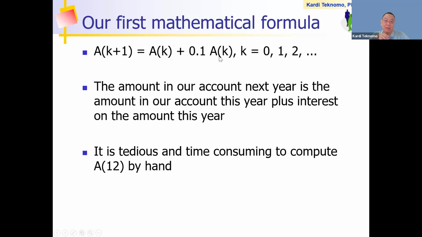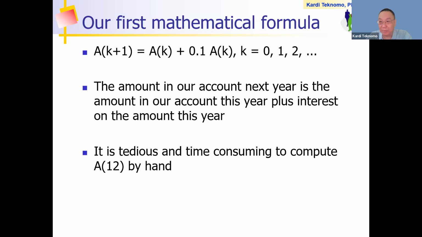Meaning the amount in our account next year is exactly the amount in our account this year plus the interest on this year's amount. Of course, it's tedious and time consuming if you compute this by hand, so we have another solution.